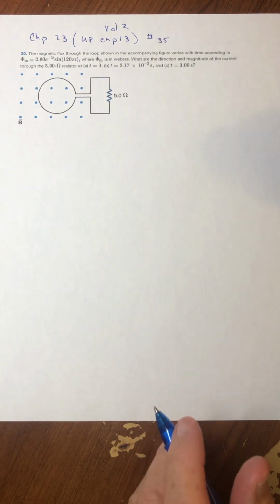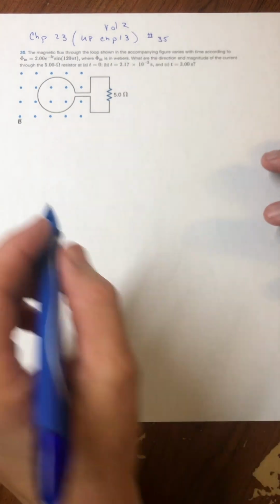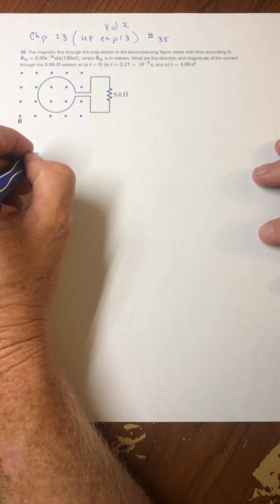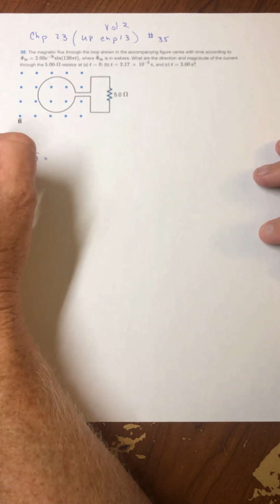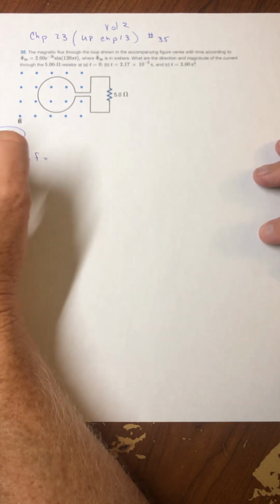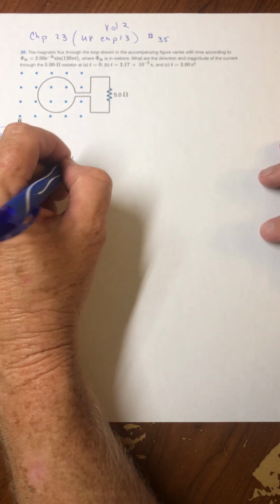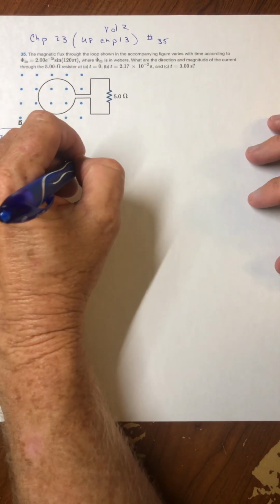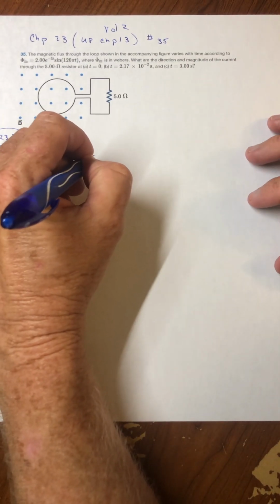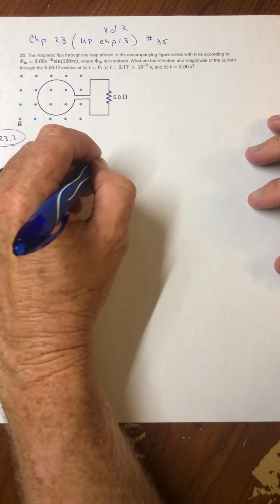And so what I'm going to do is write down an equation, EMF equals, equation 23.2 of your college physics book. It says the EMF is negative the number of turns in the loop multiplied by the rate at which the flux is changing.